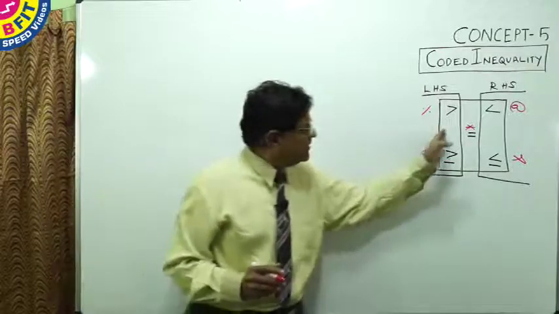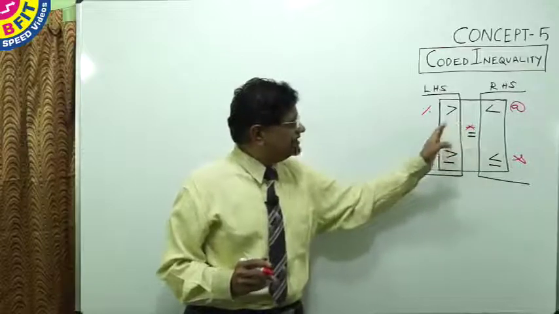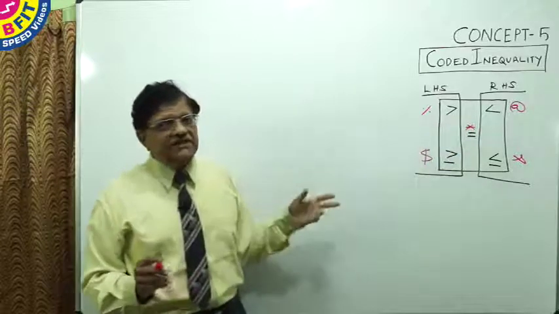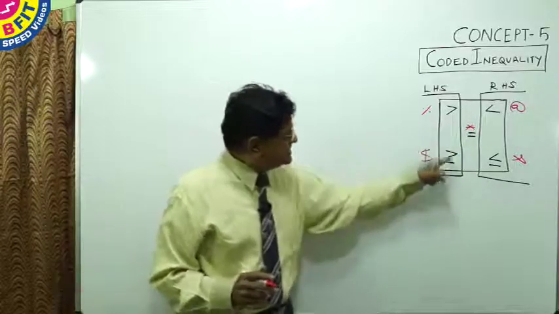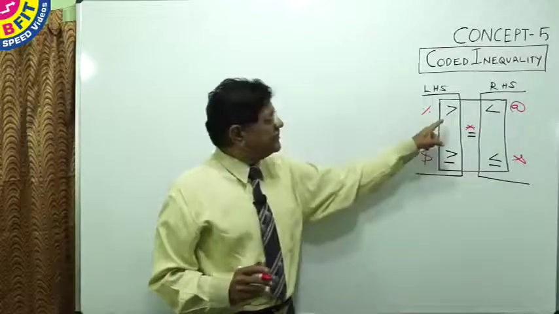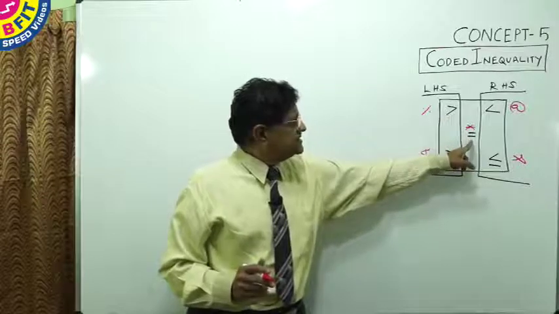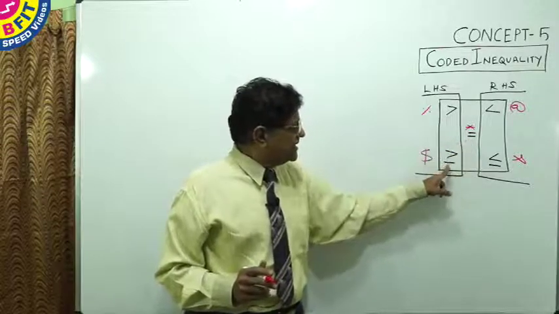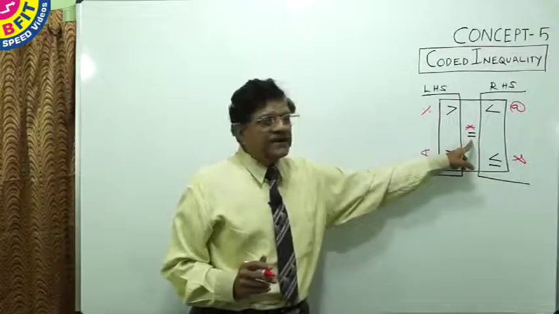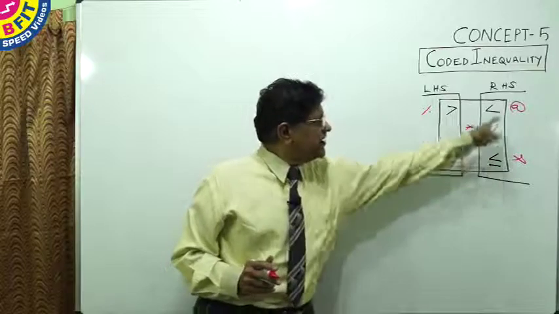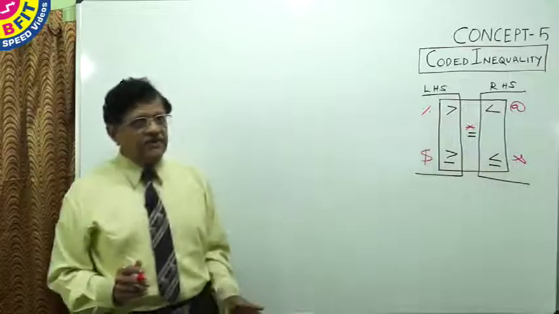We cannot move from right hand side to left hand side or left hand side to right hand side. If we move, then there is no valid conclusion. Within these 3 symbols, which has priority, we already know. First priority is greater than, second priority is greater than or equal to, then third priority is equal to, and in the same way for these 3 symbols.